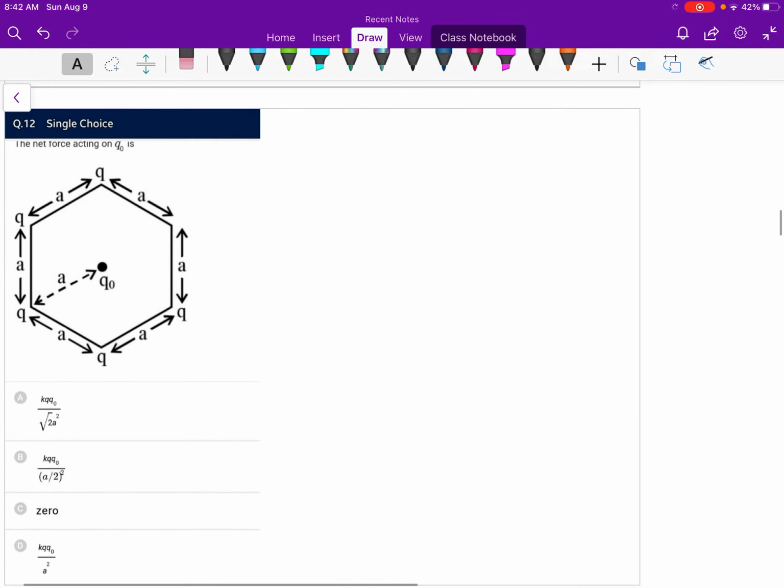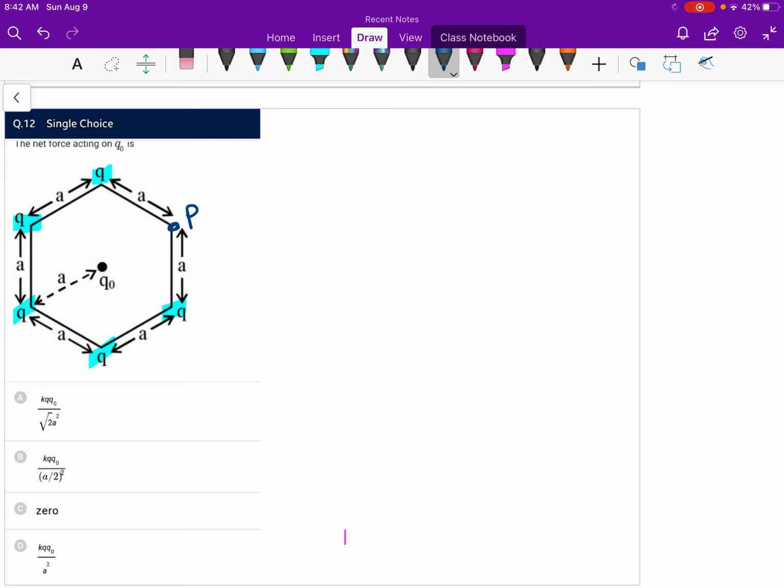The net force acting on Q naught. So see, there is charge on all the vertices except this P vertex. Except this P vertex, all the vertices have charge. Okay.